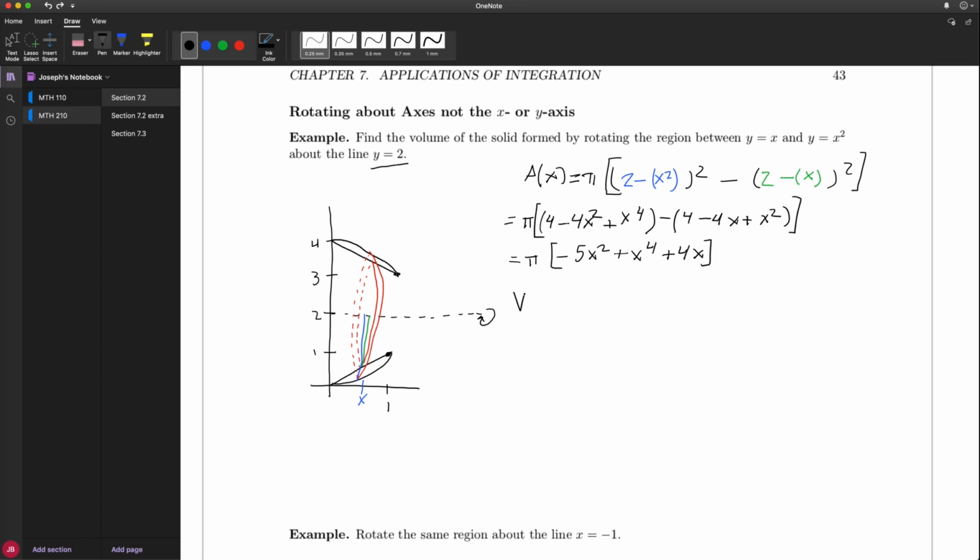To find the volume of this solid, we're going to integrate A of x dx. We integrate over the x bounds of the region, so 0 to 1, and our A of x function here is pi times bracket minus 5x squared plus x to the 4 plus 4x.